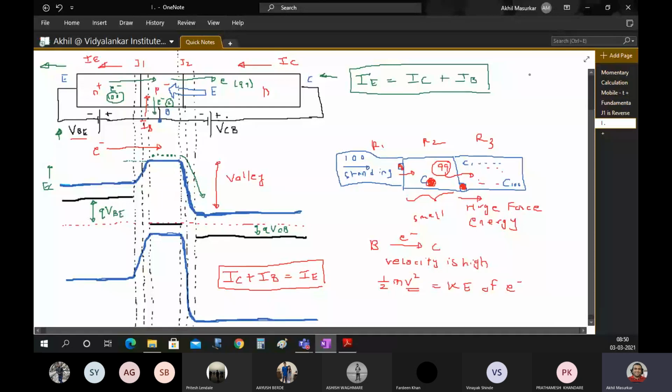That is why the arrow is pointing out at the emitter, with base and collector. So this is IE, this is IC, and this is going to be IB. Similarly you can do it for a PNP transistor. Please note this.